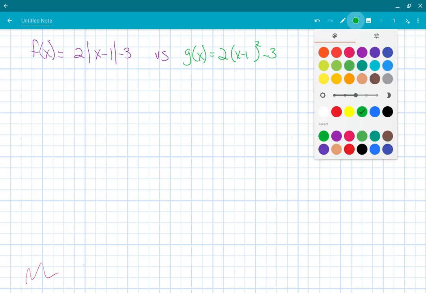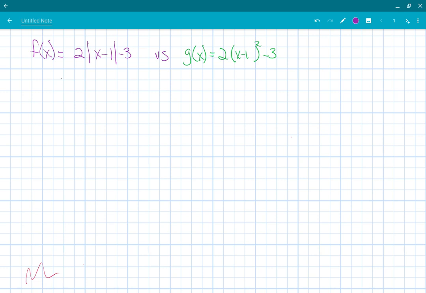Isn't that a positive 1? Yeah, it is a positive 1. And positive 1 is the X, and what is the Y? So if you put a 1 here, this all disappears. What's left over? Negative 3.